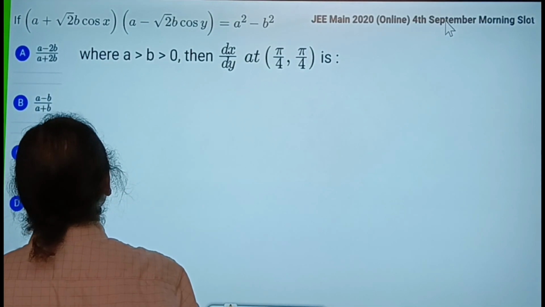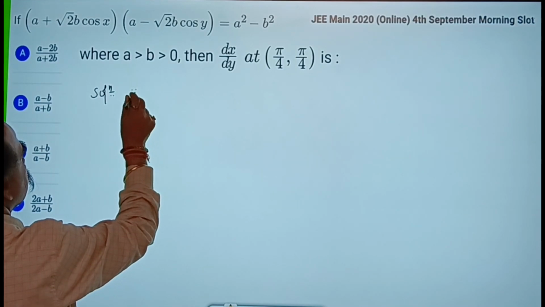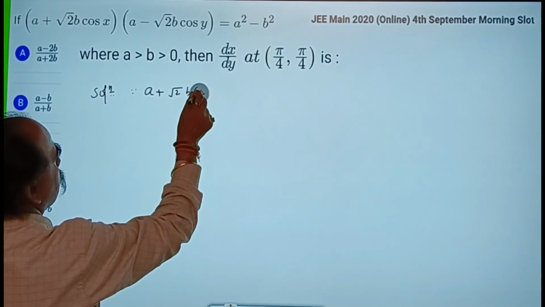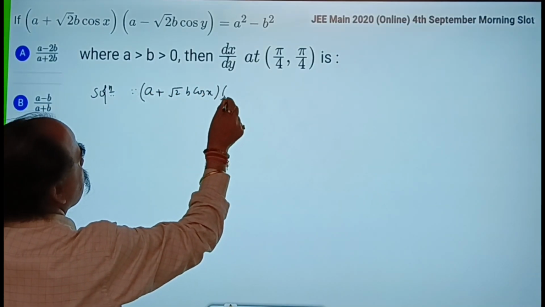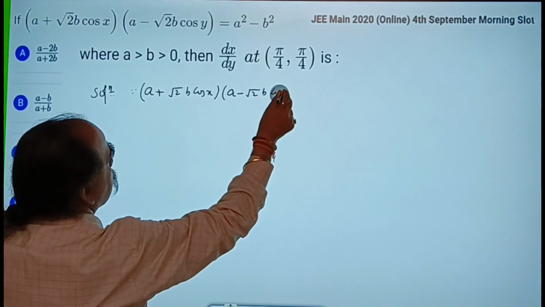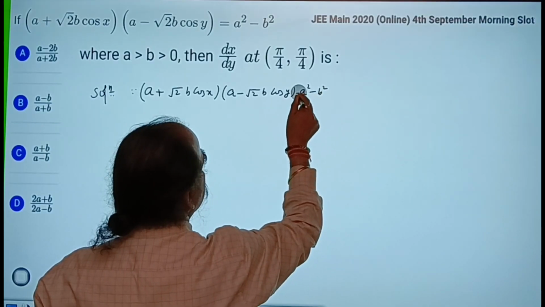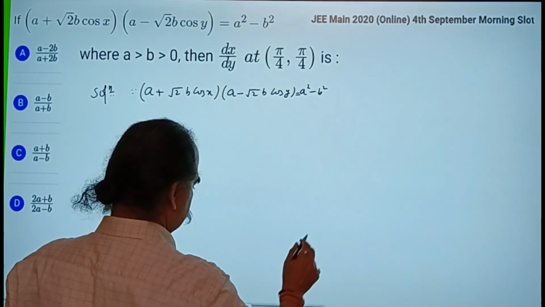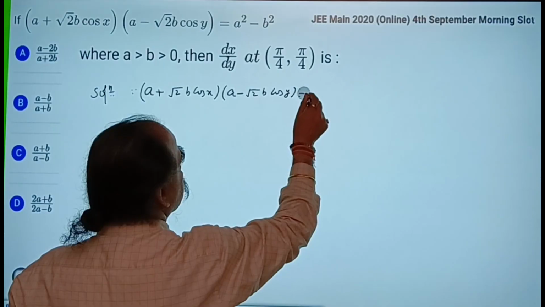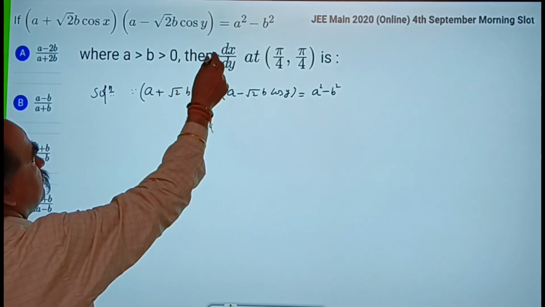Okay, see this. Since a plus root 2b cos x into a minus root 2b cos y is equal to a square minus b square, we want dx by dy.